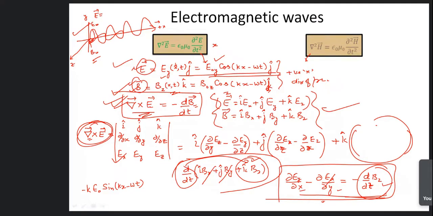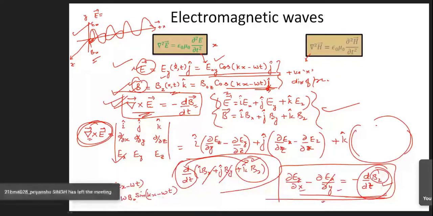Okay, and then d by dt of Bz will give you the derivative of this with respect to t, and the derivative of this with respect to t is omega B naught, sine kx minus omega t. Okay, the derivative of cos gives sine with a negative sign, but this minus omega t is also there, so it makes it positive.